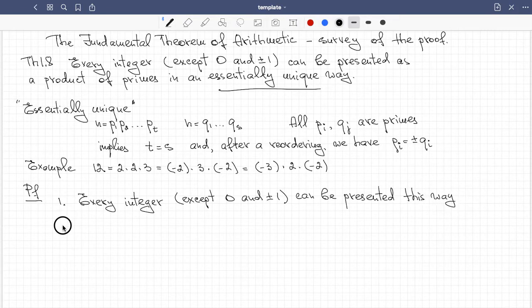And secondly, we need to prove the uniqueness in the sense I've just explained.